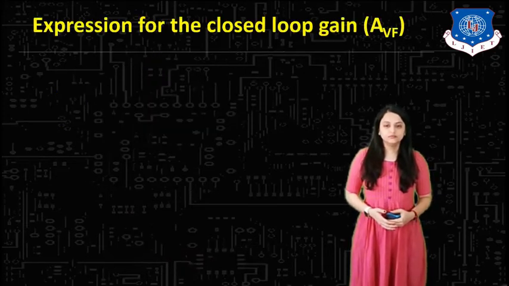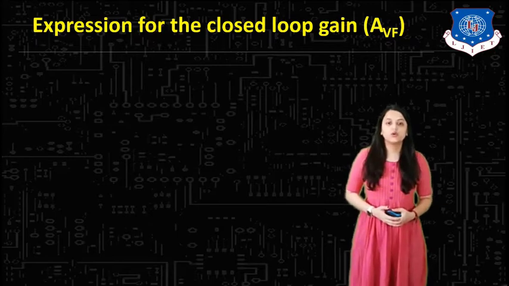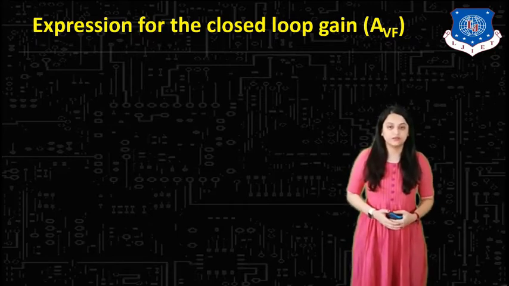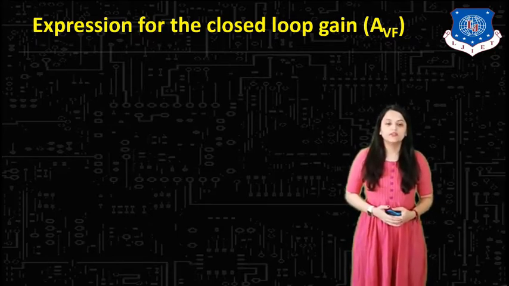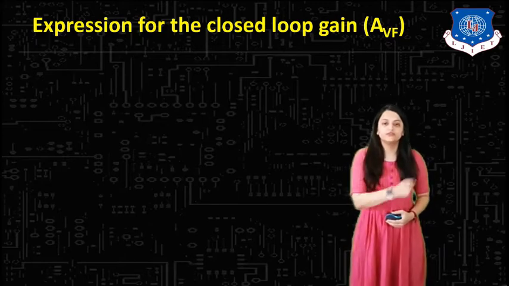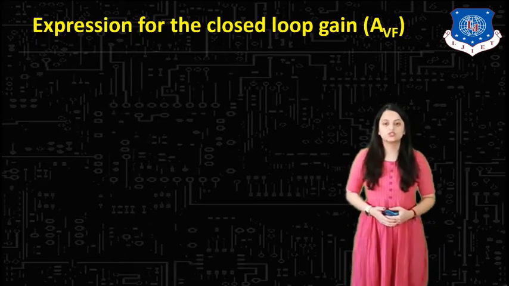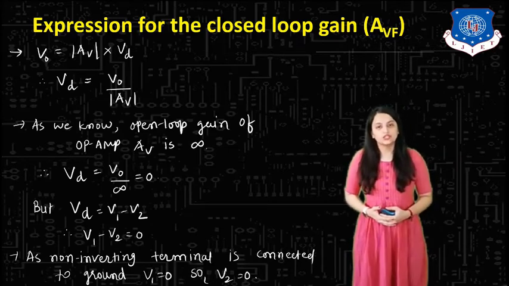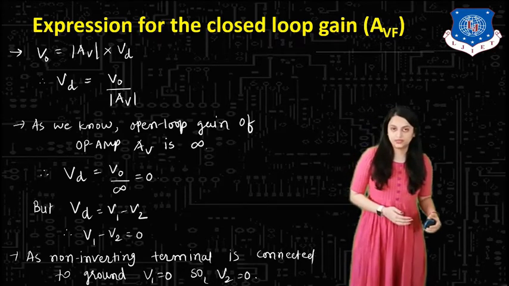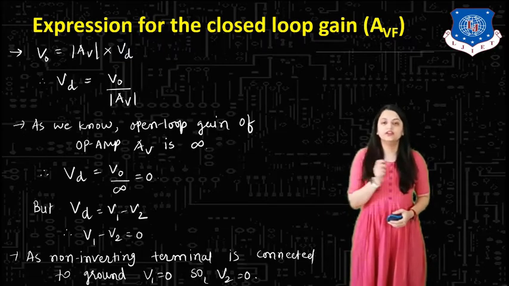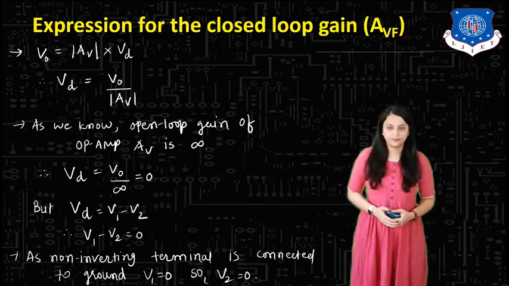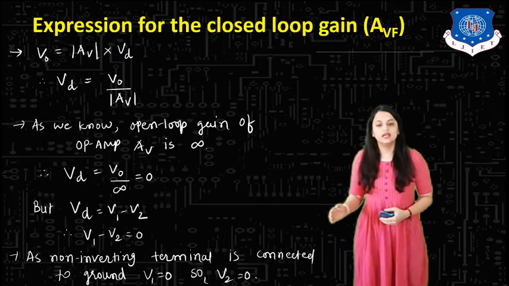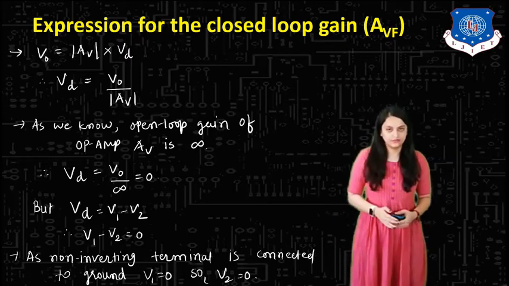Now, let us see the expression for the closed loop gain, that is AVF, for this case. Here AVF is voltage gain with feedback. For the output, we know that the output equation is given as Vo equals AV into Vd, where AV is voltage gain and Vd is differential voltage. So we can say that Vd equals Vo by AV.